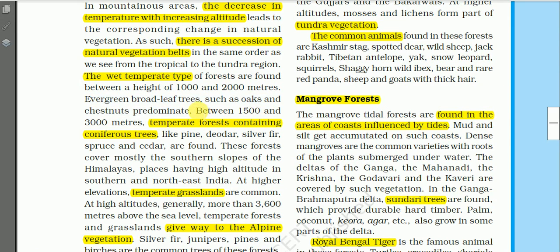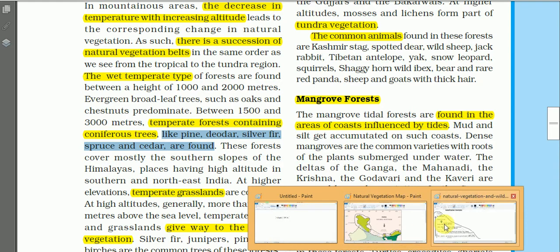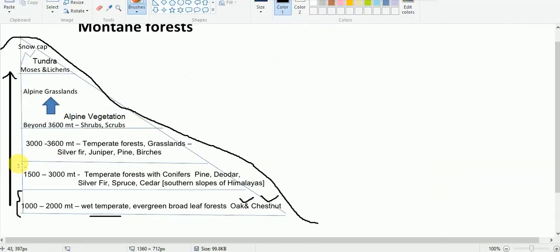Then between 1,500 and 3,000 meters, temperate forest containing coniferous trees like pines, deodar, silver fir, spruce, and cedar are found. Okay, between 1,500 and 3,000 meters above the sea level, we find temperate forest consisting of coniferous trees.